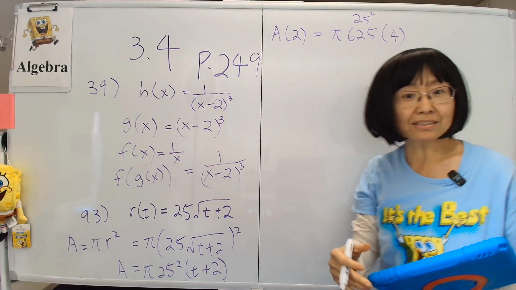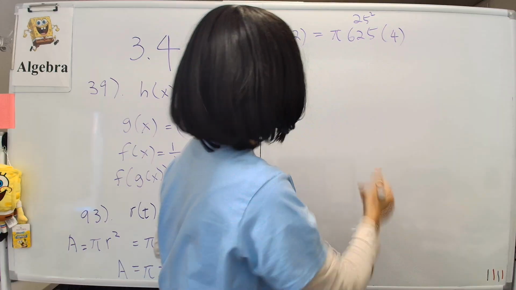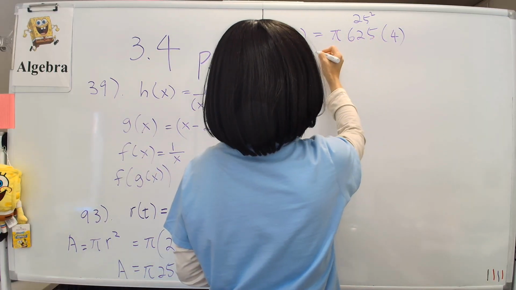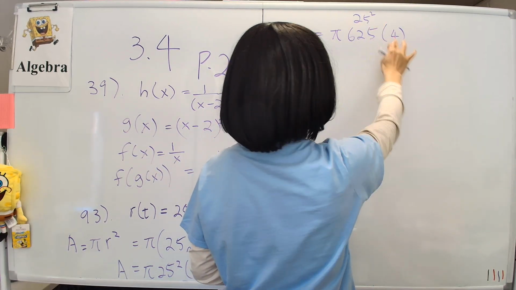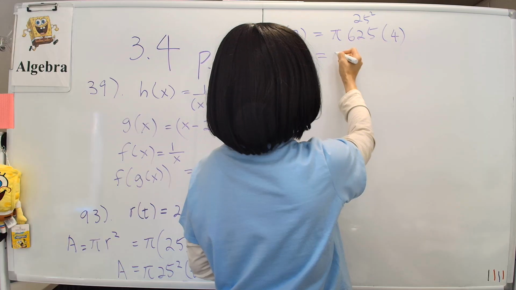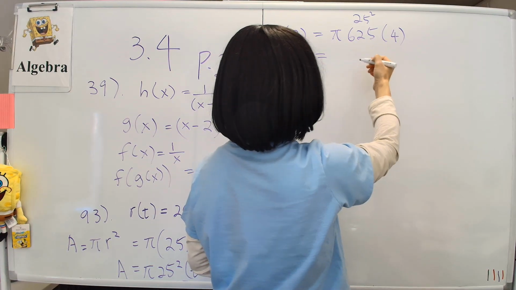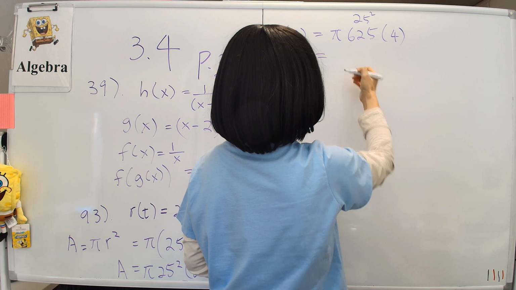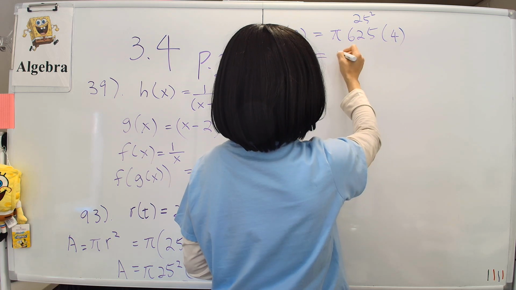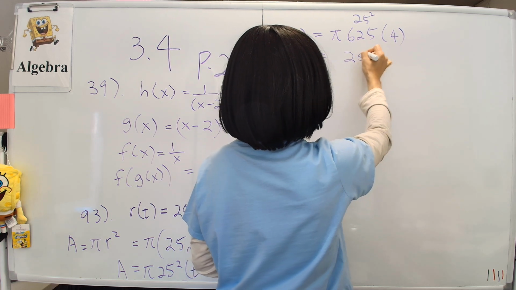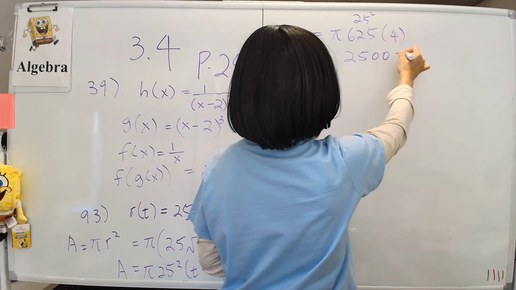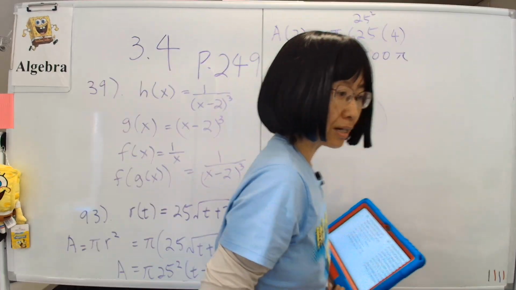I think it's 625, but I'm not absolutely sure. Anyway, this equals 25 times 4, which is, sorry, 100. Why did I say 1,000? I mean 100, right? Yeah. So this becomes 2,500 times pi, and that should be the answer to part 2.